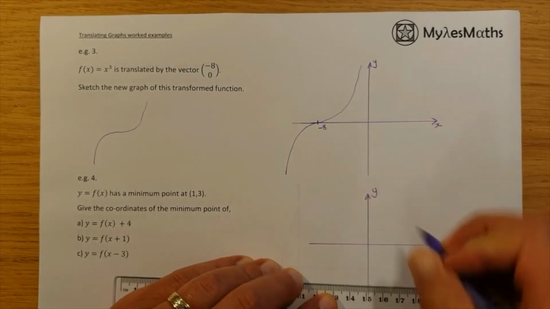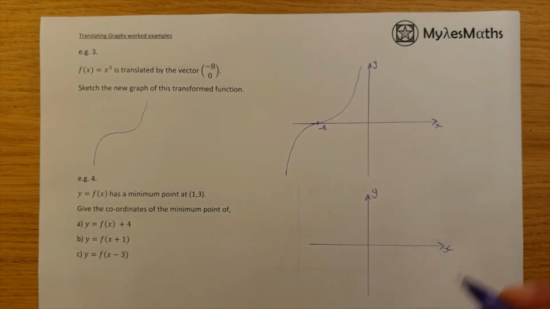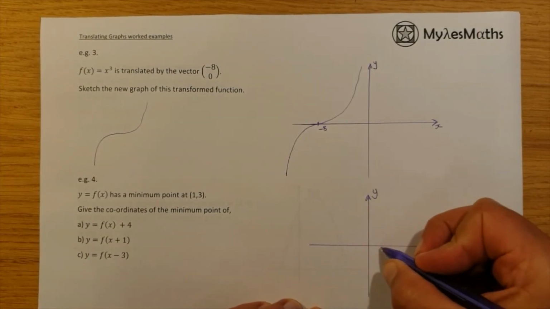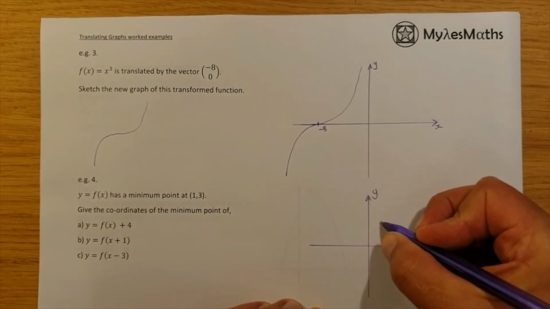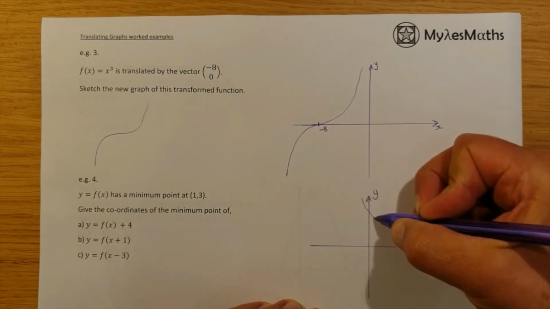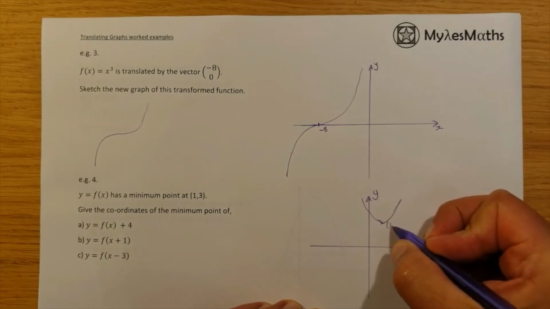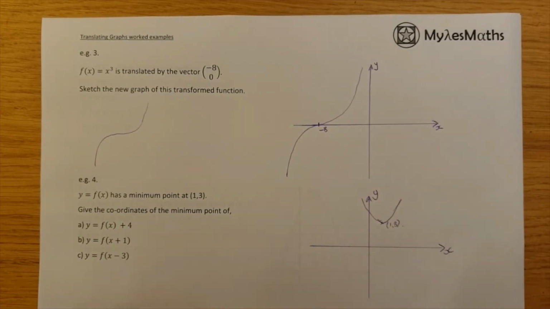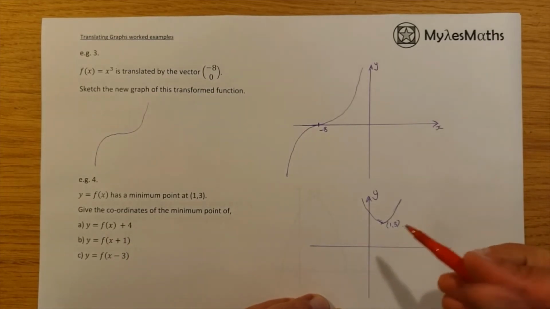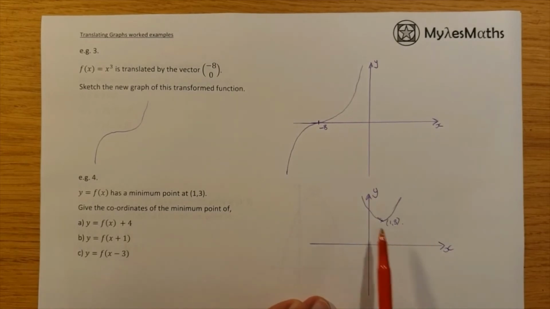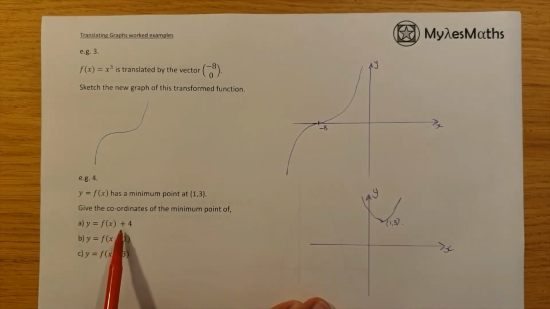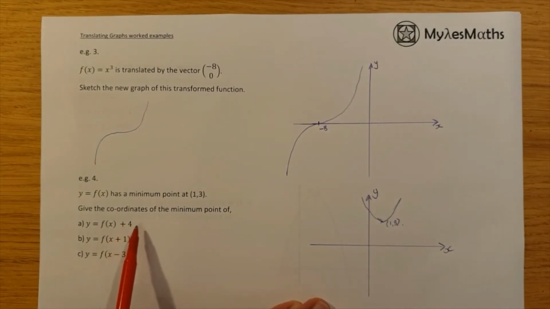So f of x has a minimum point at 1, 3. Let's say 1, 3 is there, and there's my curve with a minimum point at 1, 3. That's the original function. Give the coordinates of the minimum point of f of x plus 4. Okay, so f of x plus 4 will be this graph translated in the y direction, because the plus 4 is outside the function.